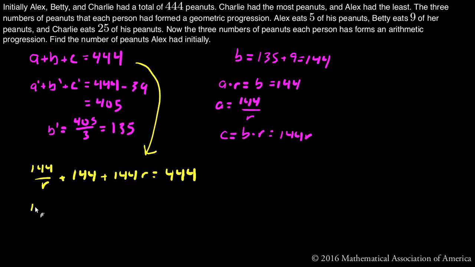And so I get 144 over R minus 300 plus 144R equals 0. Then I multiplied everything by R to get rid of the R in the denominator, which gave me 144 minus 300R plus 144R squared equals 0.